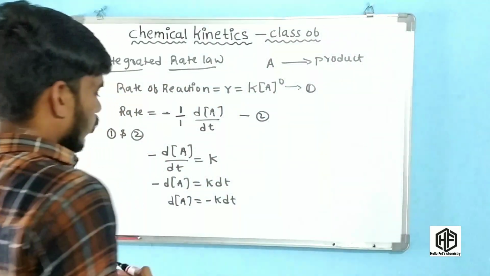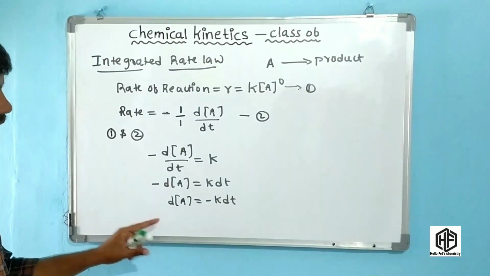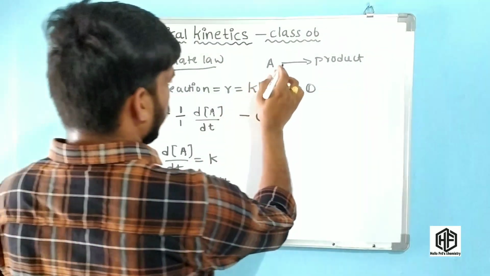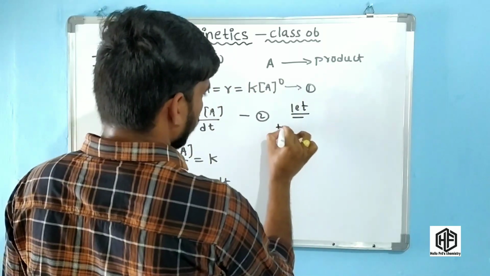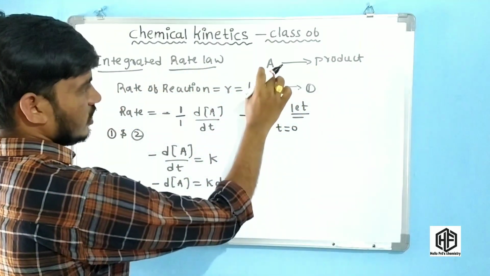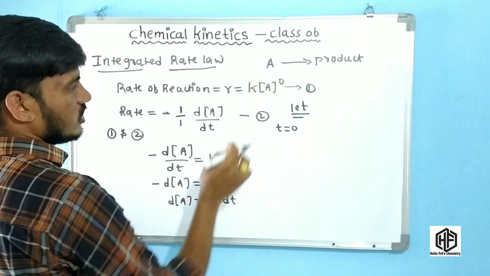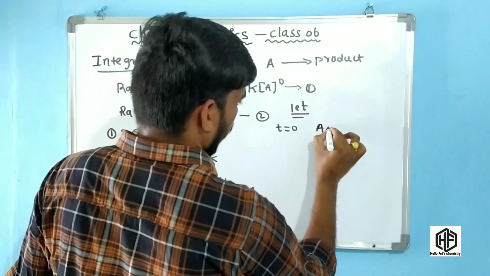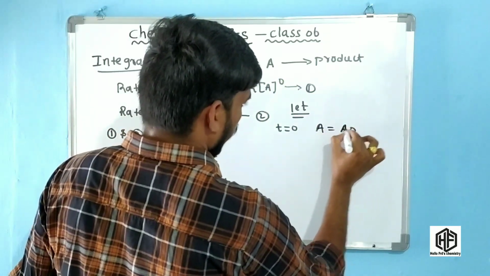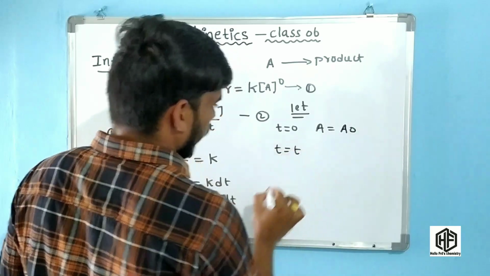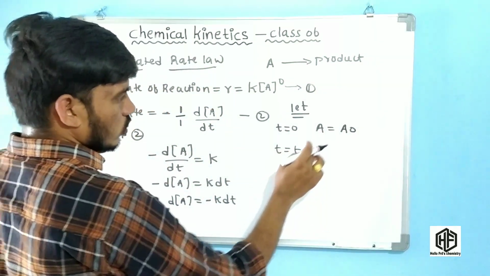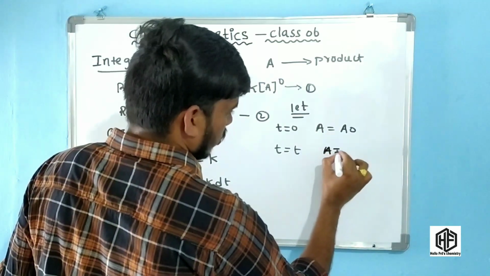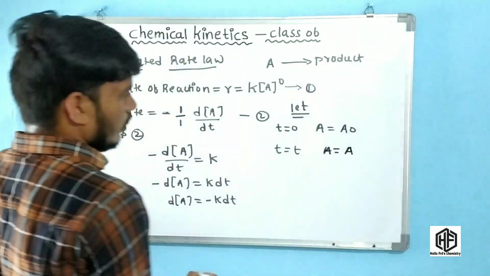Now we apply the limits: let at T equal to 0 time, the concentration of A is A naught. At T equal to T time, the concentration of A is equal to A. This is very important, friends.